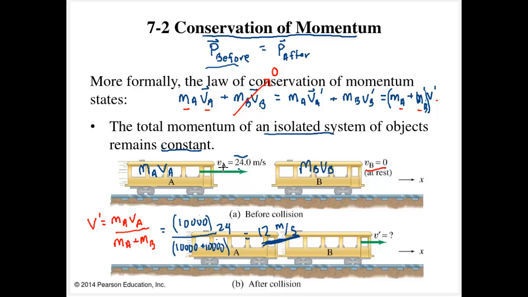Here what I did was I defined the velocity of A to be in the positive x direction, and the numbers would work out to be negative if for some reason the train would end up going in that direction, which you'll see when you work out problems for example, elastic collisions, where one of the trains bounces off of the other one and it has a velocity in the negative direction. The negative, again, is simply going to indicate the direction of the velocity.